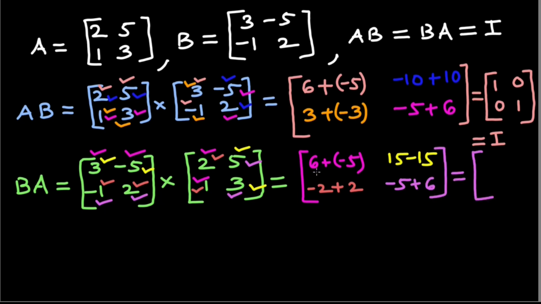It will be 6 minus 5, 1; 15 minus 15, 0; -2 plus 2, 0; 6 minus 5, 1, which is an identity matrix I.